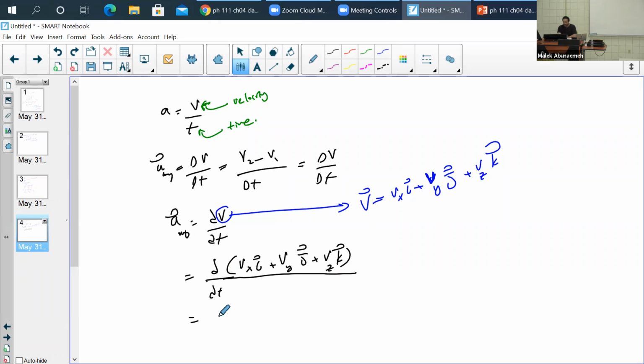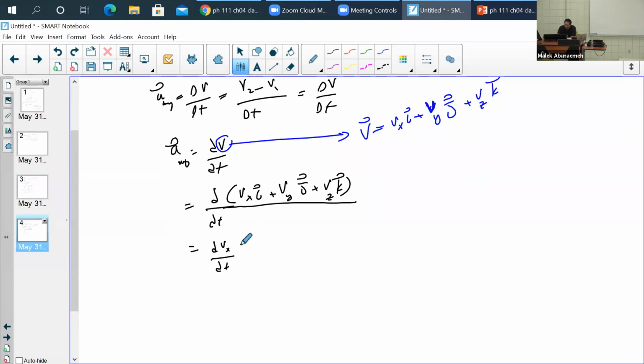Let's break it out. What you're going to have is dvx over dt in the i direction plus dvy over dt in the j direction plus dvz over dt in the k direction.